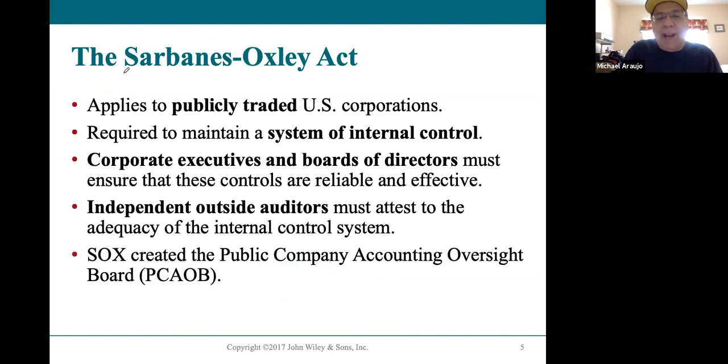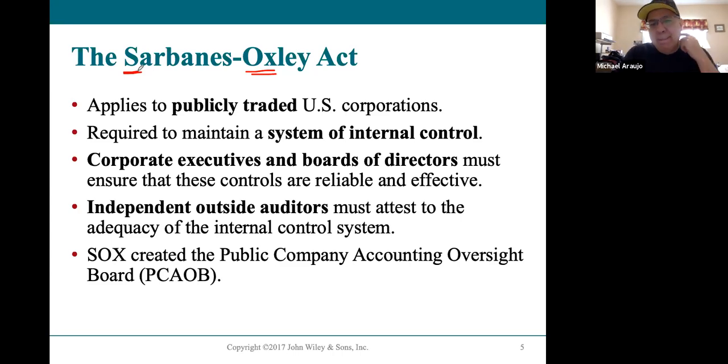Well, we looked at the Sarbanes-Oxley Act, but you were introduced to this way back in chapter 2, when we looked at certain things about GAAP and so forth. Sarbanes-Oxley basically was a law passed by Congress in the early 2000s, 2001, 2002.